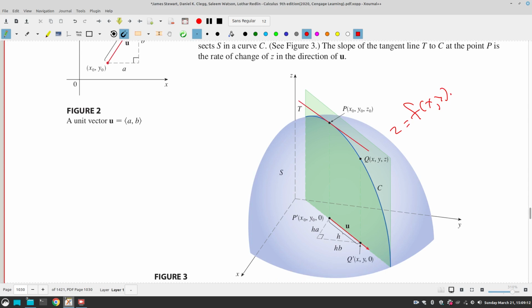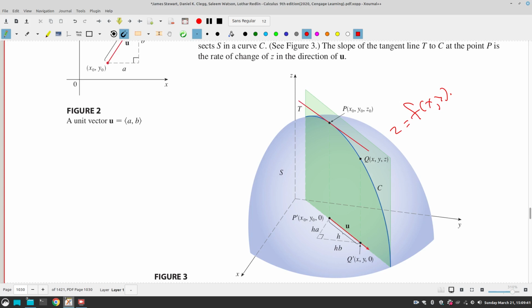Then we take the plane that contains u. Remember when we found f sub x and f sub y, we took a plane that was parallel to the x or the y-axis. Now we take a plane that is parallel to u, and it passes through the point where we are taking the derivative, which is x naught, y naught, z naught.